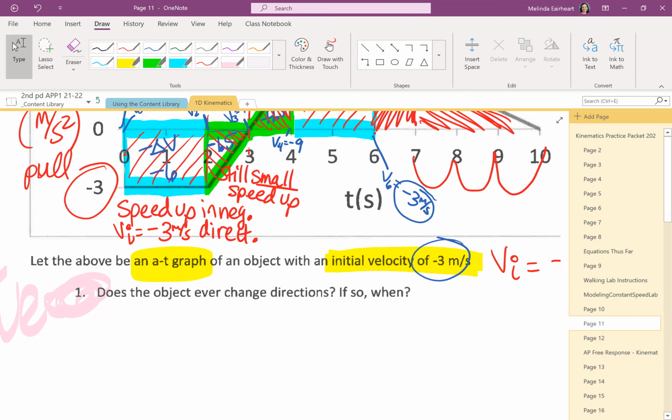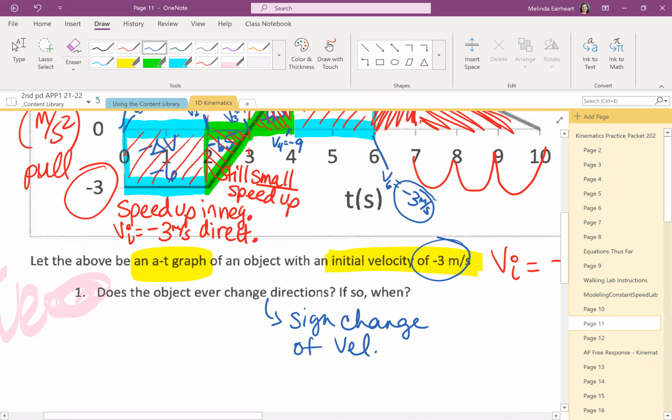So to answer the question, we want a sign change of your velocity. The sign change of acceleration just means your pull is changing, okay? If it was a position graph, a sign change would mean you're on the other side of the origin, whatever that's deemed to be, okay?